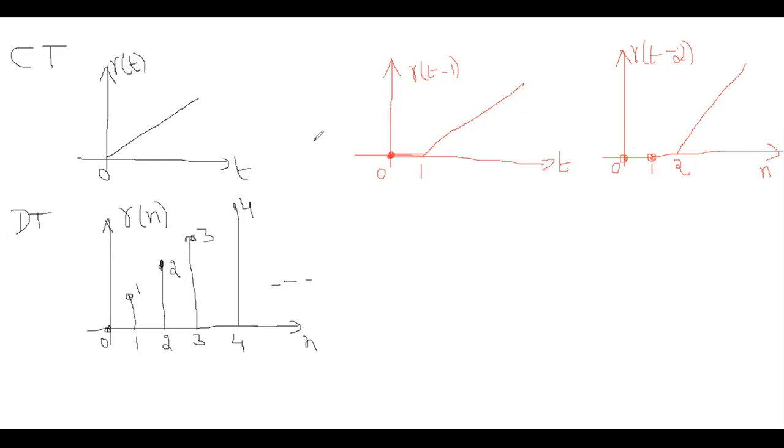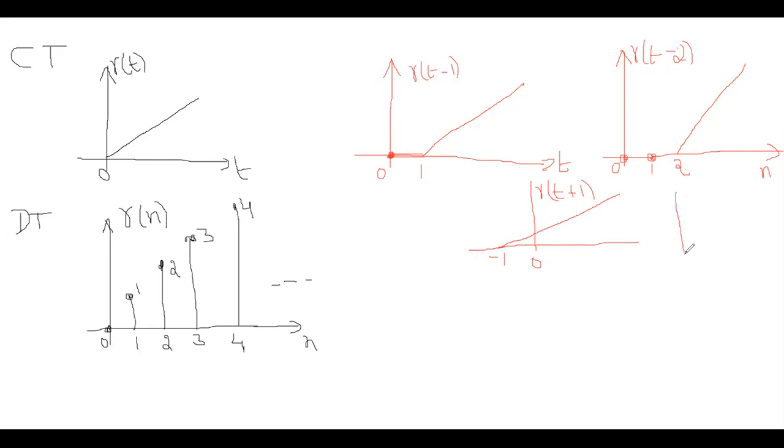Suppose it is the advanced function, which means shifting towards the left side. Okay, advanced function. These two are delay functions. What is the advanced function here? Suppose I am taking the 0 here, r of t plus 1 is advanced, meaning from minus 1 it linearly increases. Linearly increases at minus 1.